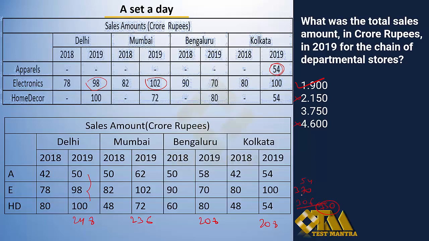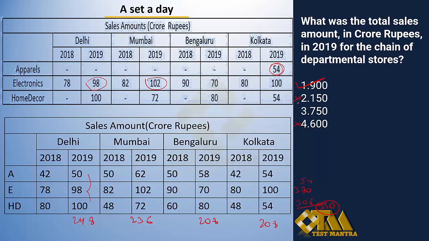These figures will definitely give a bigger value, as I know that from here to here the increment is 40. So this alone cannot give me the increment of 40. There should be some increment in this, so it should definitely be more than 750, right?